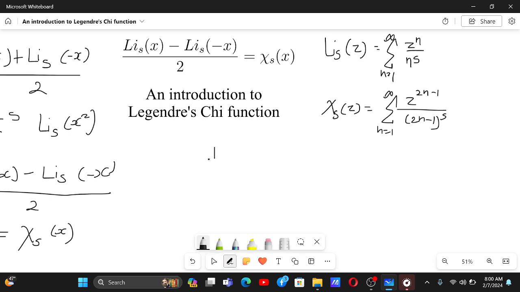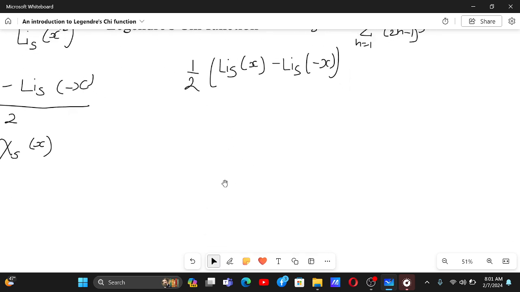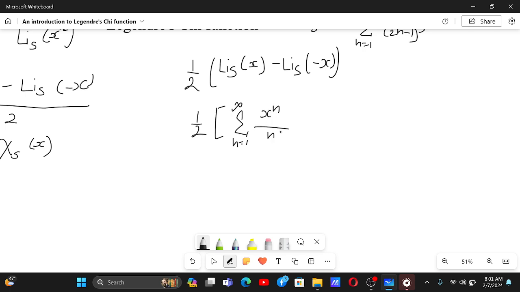So we have this expression on the left hand side, and we have to prove this is Legendre's chi function. First of all, let's use the definitions: 1 by 2 times the sum from n equals 1 to infinity of x to the power n by n to the power s.